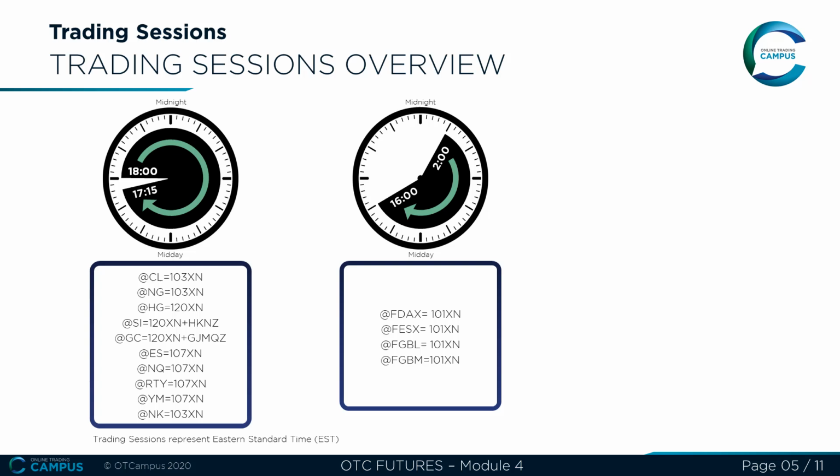Alright, so let's take a look at some more specific examples of times. So here we go. Crude oil, natural gas, copper, silver, gold, S&P 500, Nasdaq, Russell, Dow Jones, Nikkei, all open at 6 p.m. Eastern Standard Time. They basically trade around the clock 24/5 and close at 5:15 p.m. Consequently, they're only closed for 45 minutes every day, except weekends.